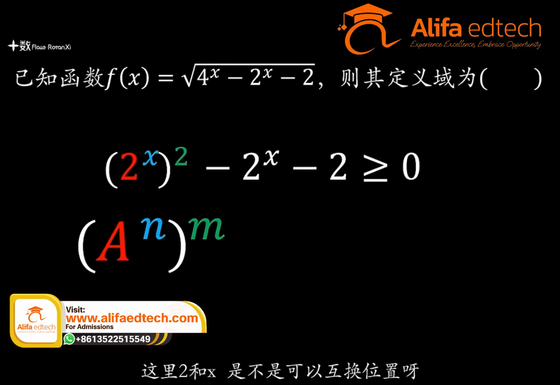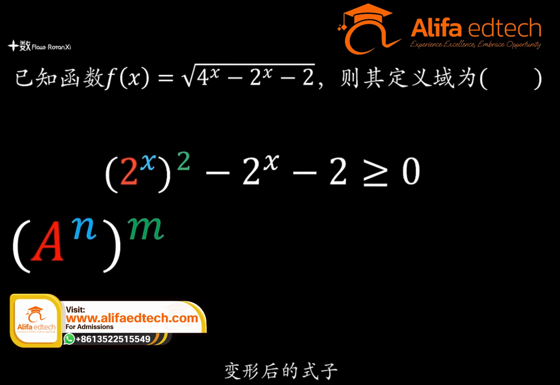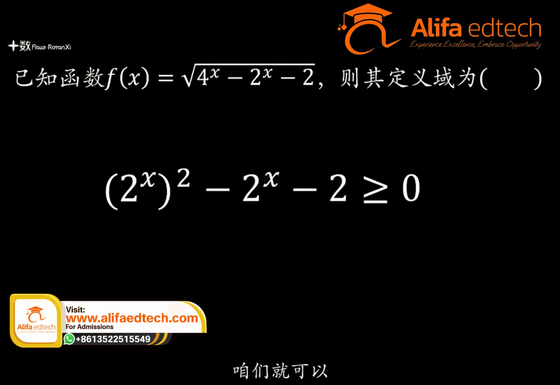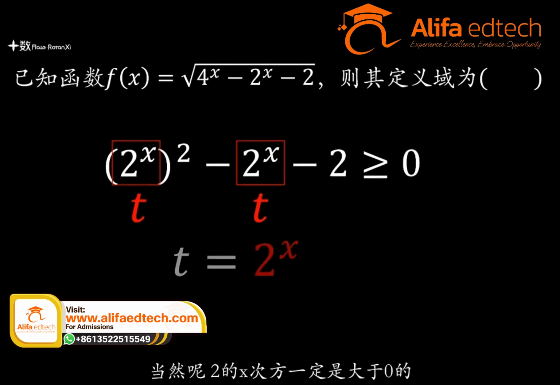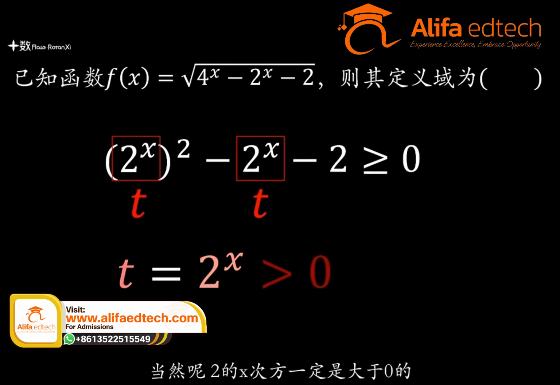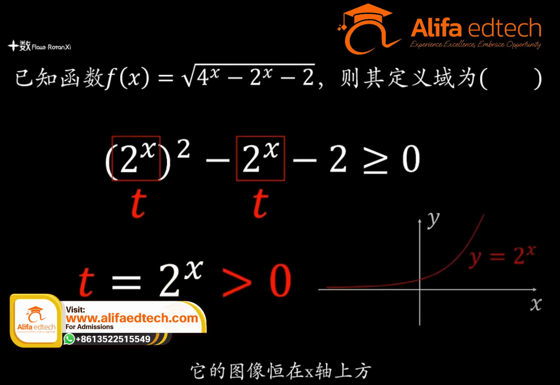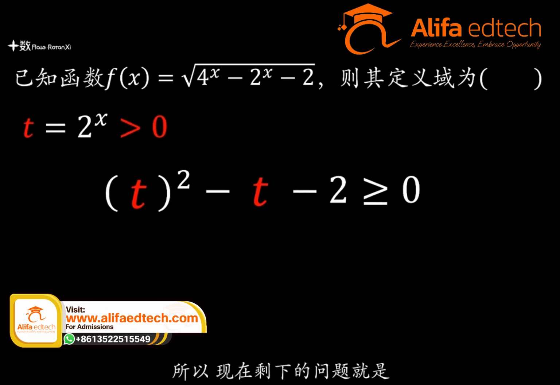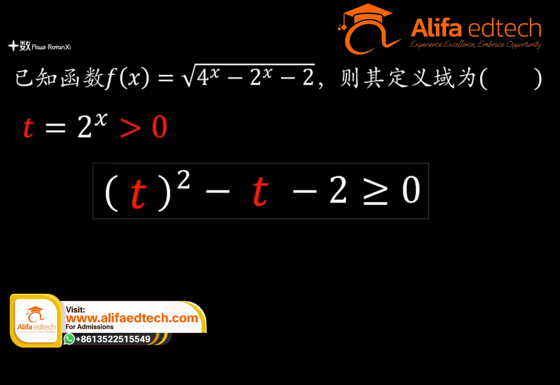After transformation, we can let 2^x equal t. Of course, 2^x is always greater than 0, with its graph above the x-axis. So now the remaining problem is solving the inequality t^2 + 4t - 12 ≥ 0, where t > 0. We can calculate that t is at most -6 or t is at least 2.